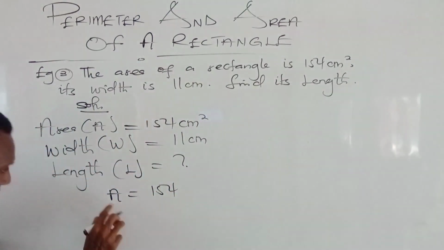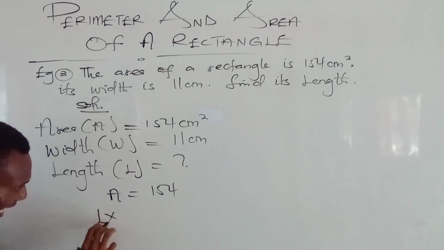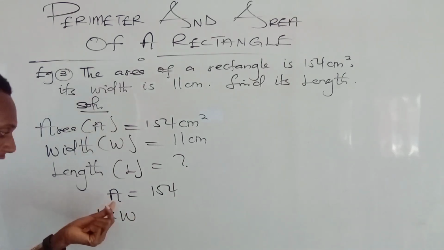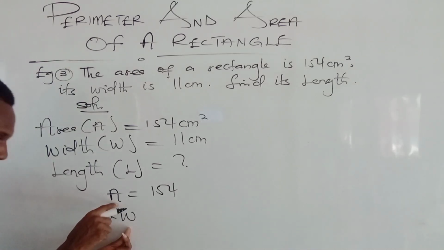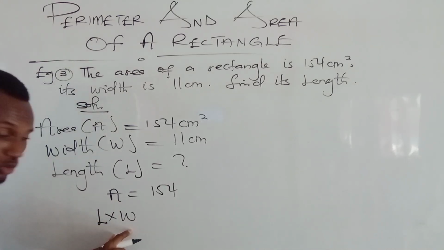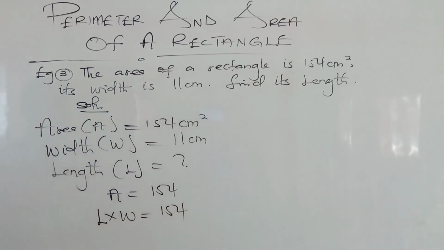The formula for the area of a rectangle is length times width. So in place of the A, we can put length times width there equals to the 154 that we have.